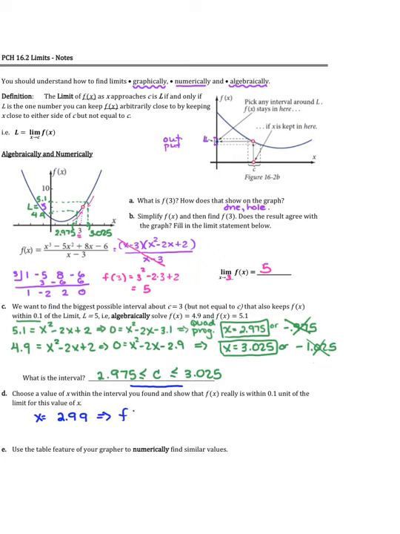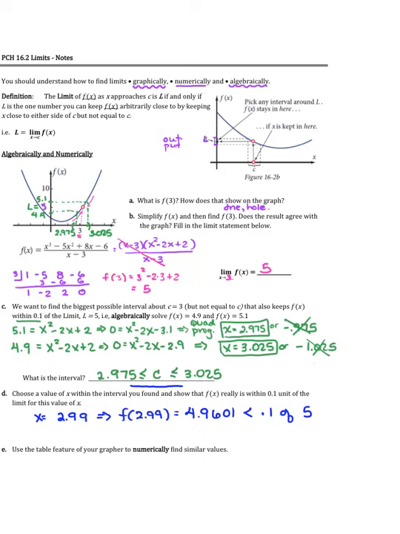So we find what is f of 2.99. You plug it into your calculator, and I get 4.9601, which is within 0.1 of 5, because it's above the 4.9, which is what we wanted.